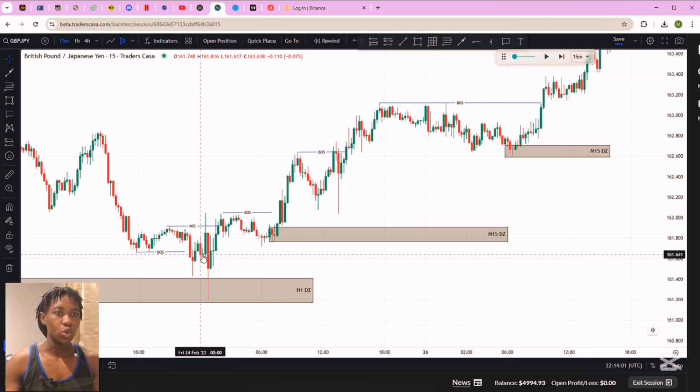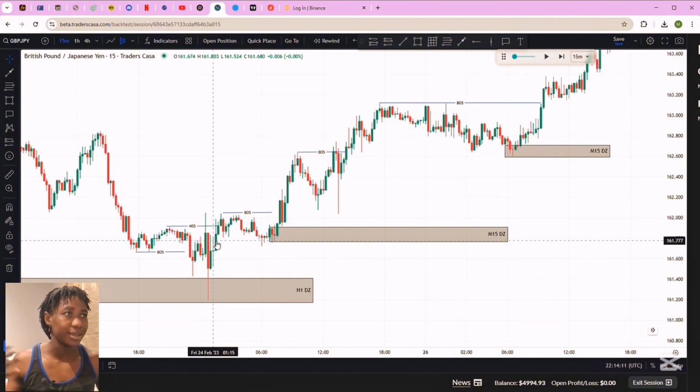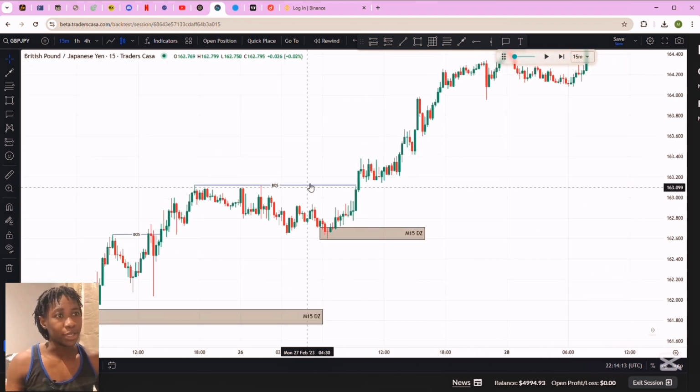I didn't see any fair value gap impulsive move when reanalyzing it. I saw only a little break of structure.